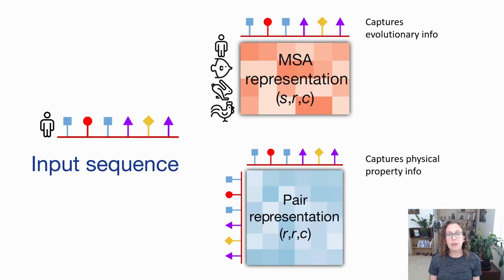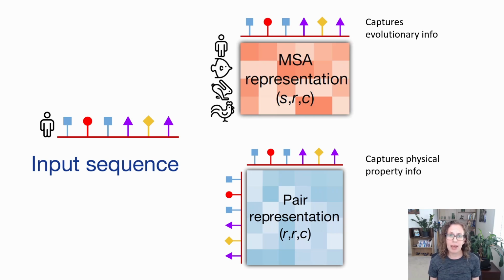But one is that the input sequence is represented as a multiple sequence alignment representation. And so this is seeing what other sequences of amino acids that have been discovered are similar. And this can be across many different species. It captures evolutionary info. If you've ever used programs like BLAST, this is capturing some of that, of looking at what are the other sequences that are similar.